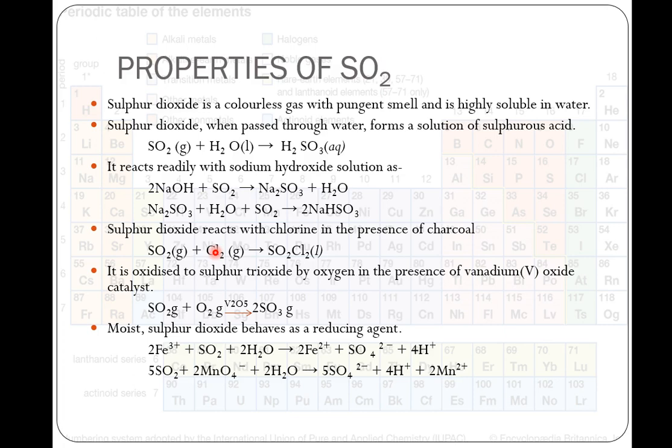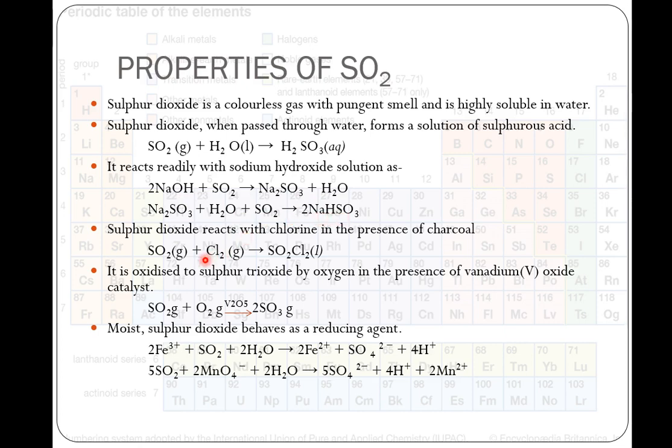Properties of sulfur dioxide. It is a colorless gas with pungent smell, highly soluble in water. When passed through water, it forms H2SO3, sulfurous acid. Readily reacts with sodium hydroxide, forming Na2SO3, which on further reaction with SO2 gives sodium hydrogen sulfite.